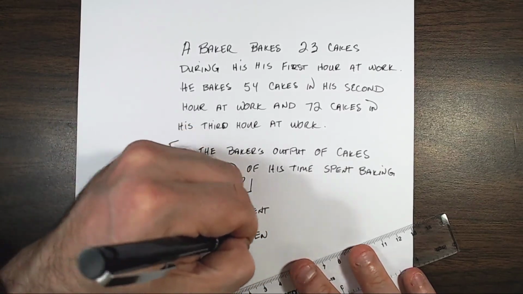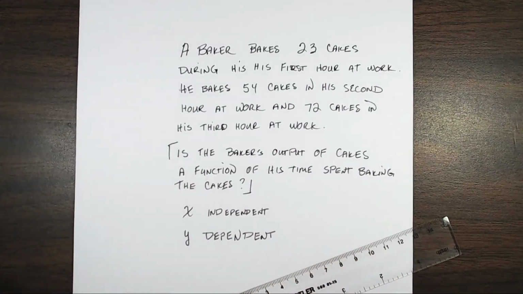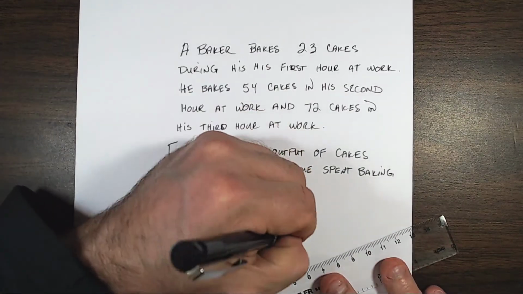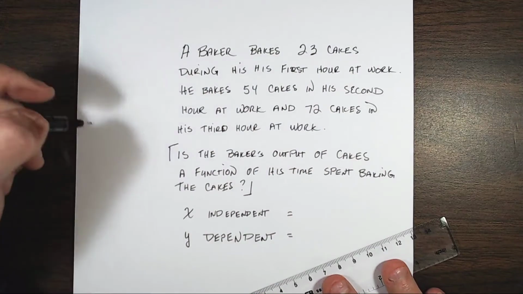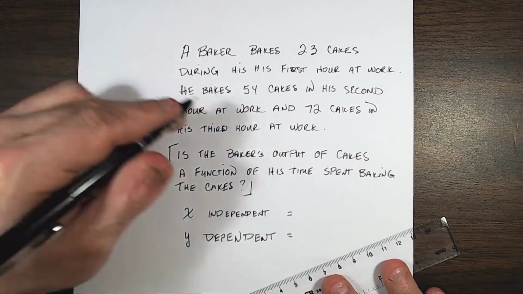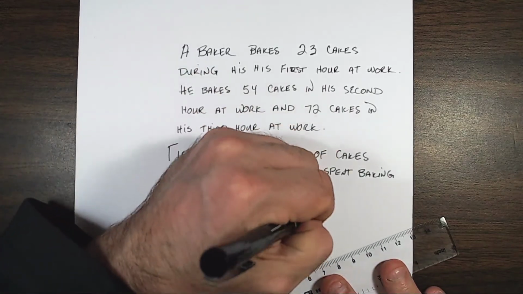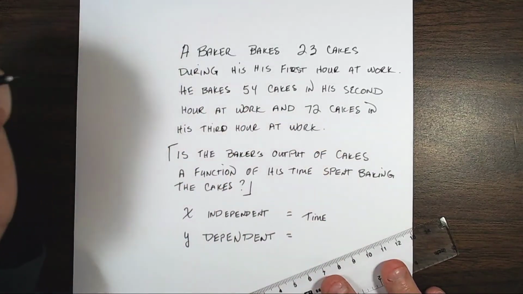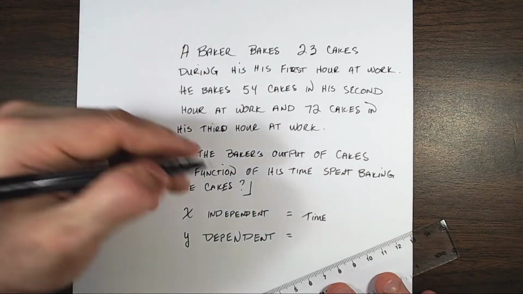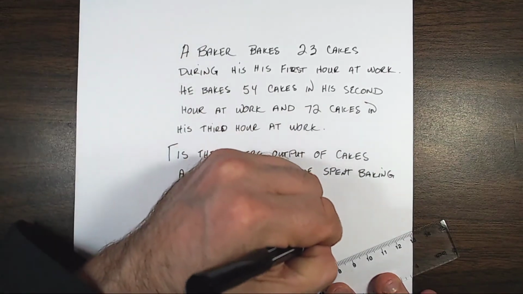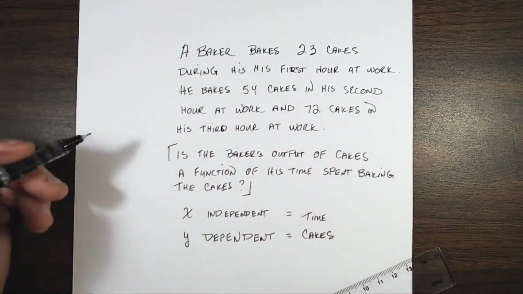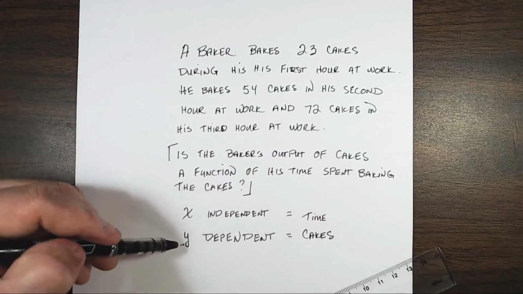Well, according to the logic of this scenario, the independent variable is time, and the dependent variable is the output of cakes. So what we're being asked is, are cakes a function of time?